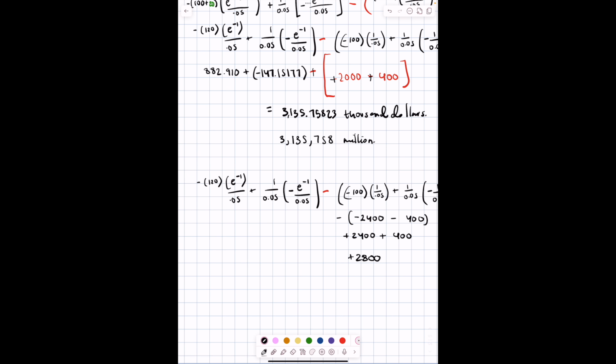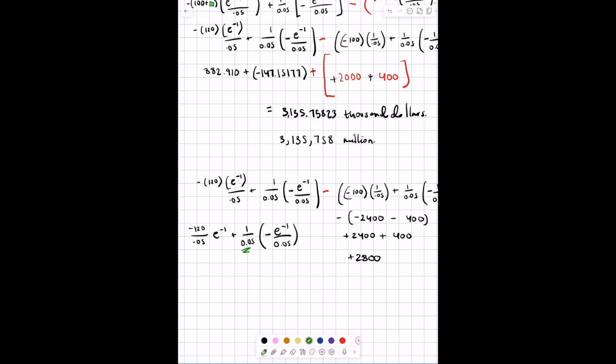Now let's deal with this one. Well, you see, I have this coefficient 120 over 0.05 times e to the negative 1, plus 1 over 0.05 squared, minus e to the negative 1 over 0.05.